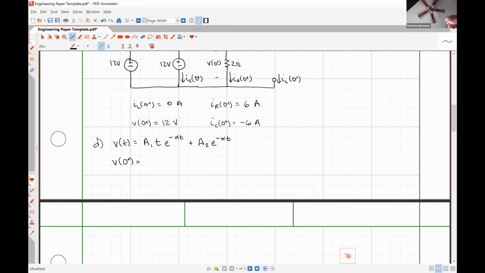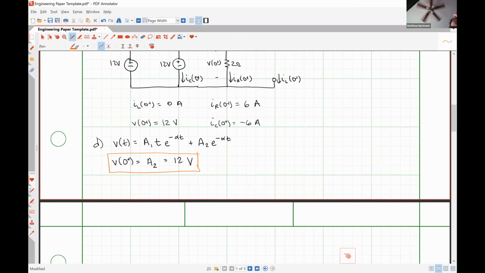So we have 0 multiplied by e to the minus alpha t, so that's still 0, plus A2 times e to the minus alpha times 0. So that's e to the 0, which is 1. So V at 0 plus is equal to A2, and V at 0 plus was 12 volts. So we've already determined one of our 2 coefficients. Things are working out pretty swimmingly thus far. I'll put a box around this for now. We'll have to come back to it in a minute.